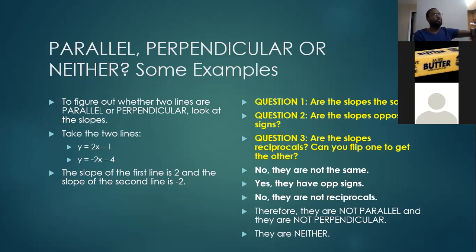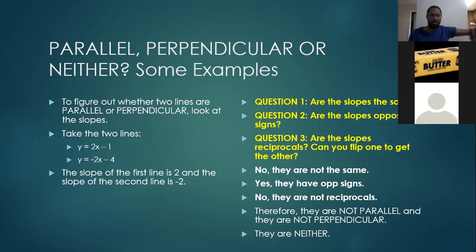So they're not parallel, they're not the same. In order for them to be perpendicular, they have to be opposite and flipped. They're opposite, but they're not flipped, which means that one of the criteria I need for them to be perpendicular doesn't work.